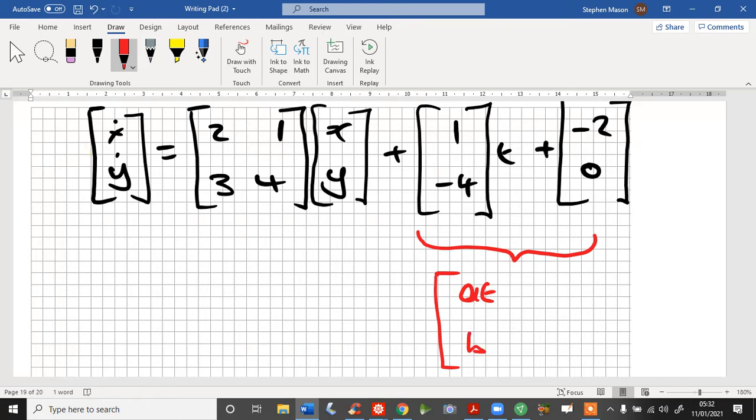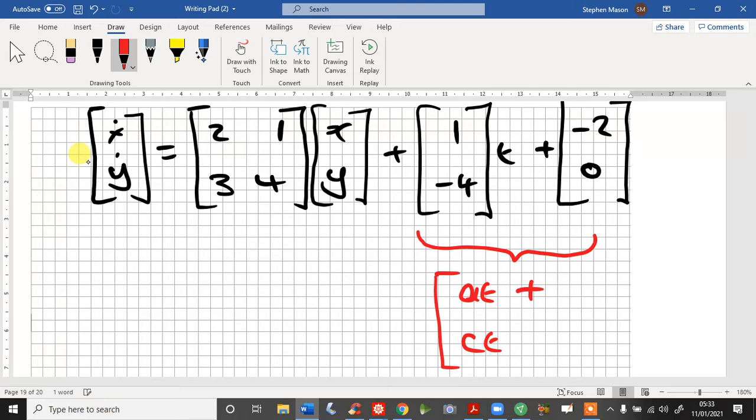In fact, we'll call that ct. Doesn't matter what you call these things. It's just convenient for the following reason. And in that matrix, we're going to add on another constant corresponding to the -2.